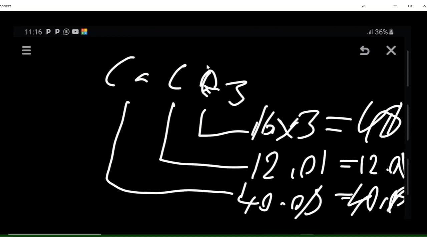You add these together, and that is your molar mass.